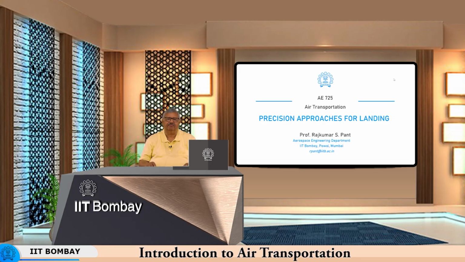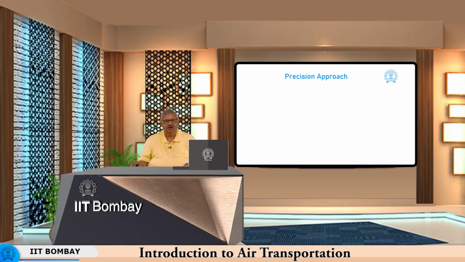a destination airfield, precision approaches are normally used, and there are various types of methods available for providing a precision approach. First, let us understand what is meant by a precision approach.